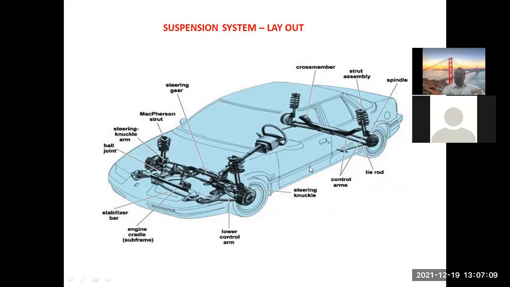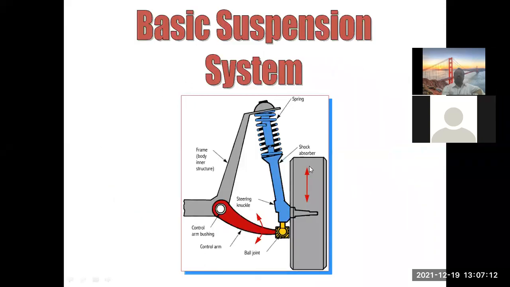So what is a suspension system? Here we want to isolate the shocks. We have already discussed some part of the requirements and functions of the suspension system, and one was to isolate the shocks.